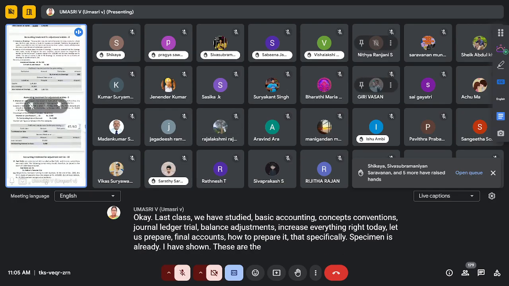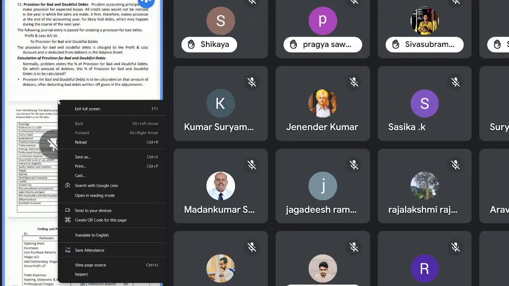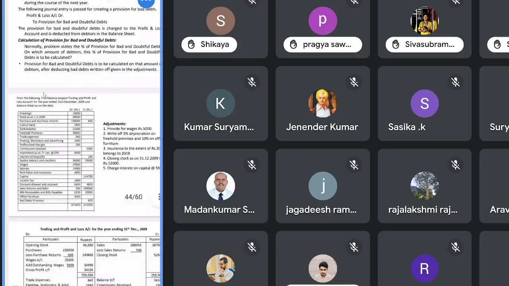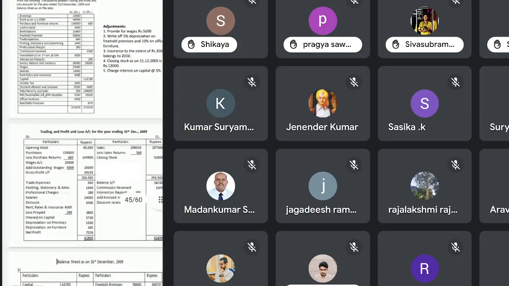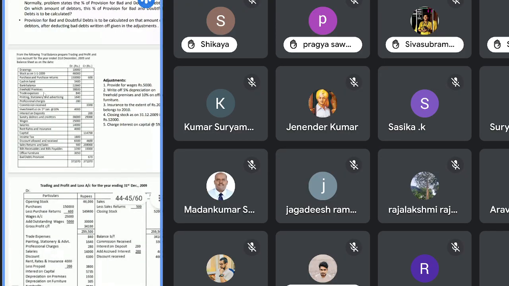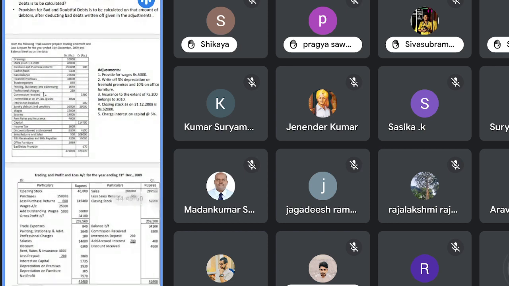These are the adjusted ledger accounts, and then see here, this is the problem. Can you see this trial balance? From the following trial balance, prepare trading and profit and loss account for the year ended 2009.